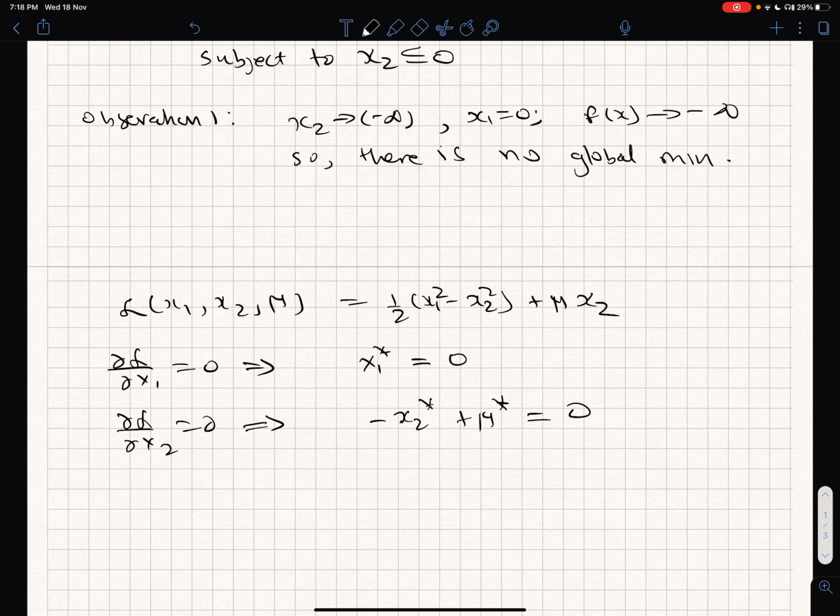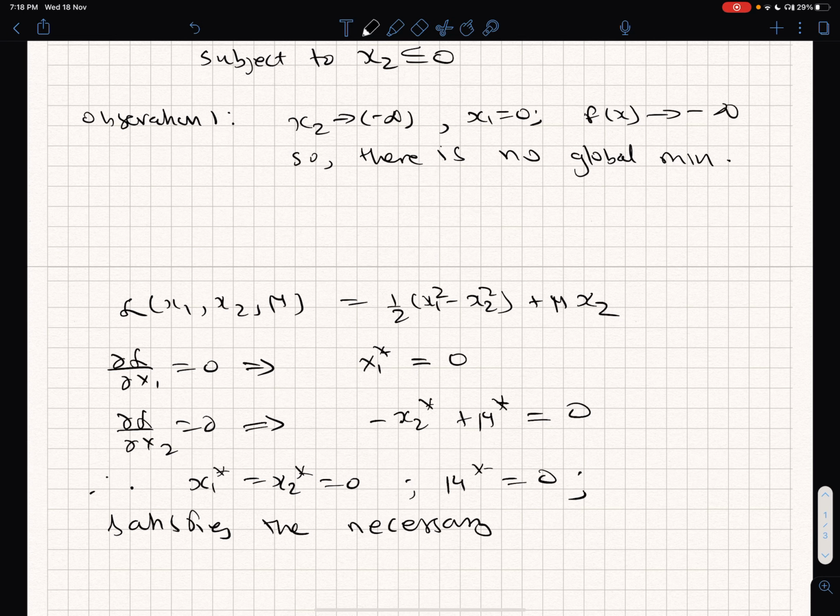So therefore, I get that x1 star equal to x2 star is equal to 0, and for example mu star equal to 0 satisfies the necessary conditions of the above proposition.